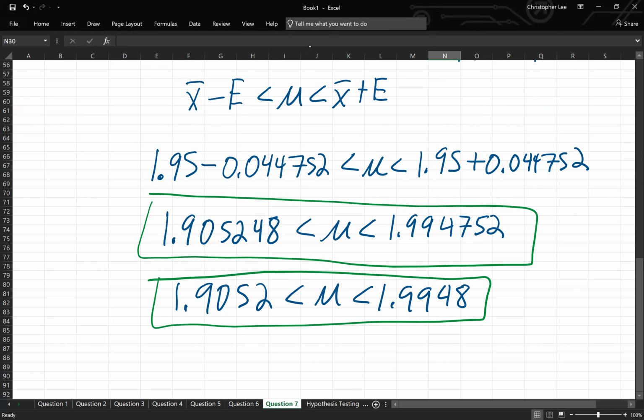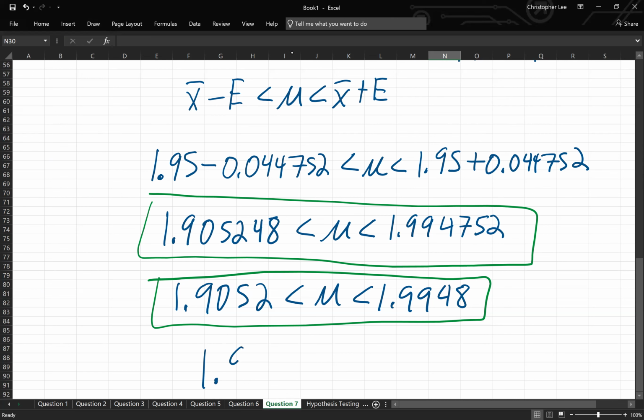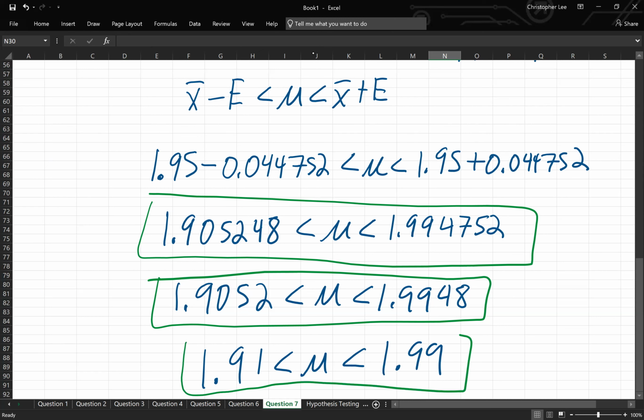Mathematically speaking, because of the story and the question that we were given, it is correct if you wanted to round it off to 2 decimal places. So the most correct answer here is actually 1.91 less than mu less than 1.99. Any one of these.